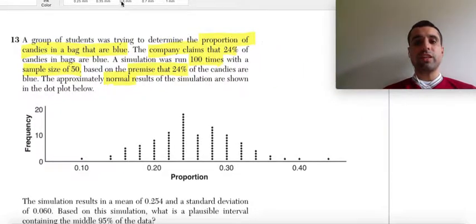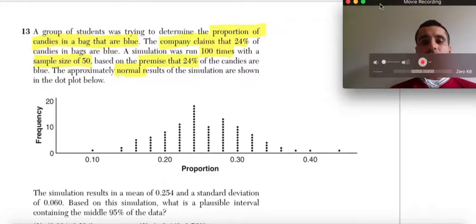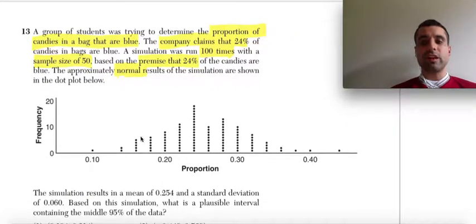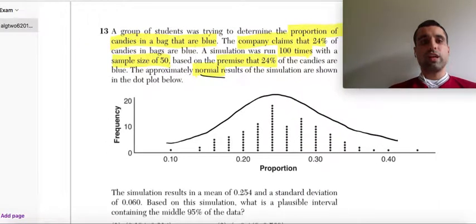So that means there are 50 candies in each bag, according to the simulation. And they did 100 simulations where they tried to get the proportion that are blue when there are 50 candies in each bag, assuming that 24% of the candies are blue, like the company said. And the results of the simulation have an approximately normal distribution, which is this normal distribution curve. All right, so that's all we have so far.